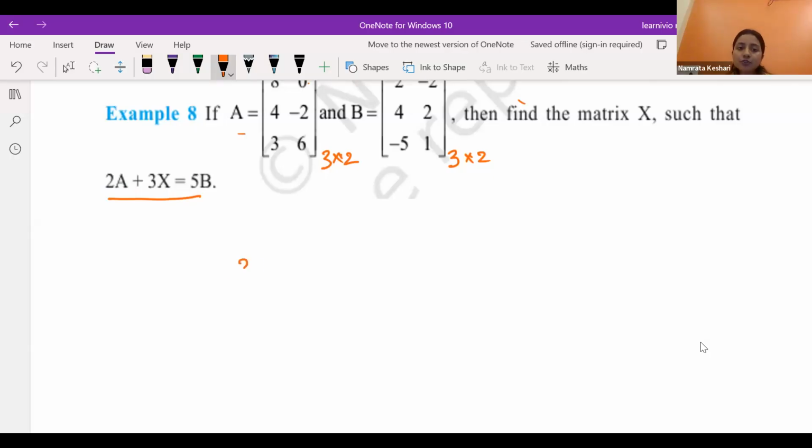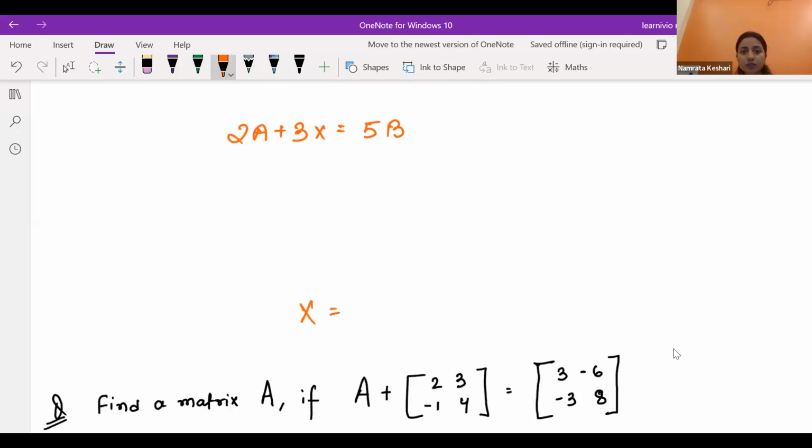If you have to find X from 2A plus 3X equals 5B, let me show you what exactly goes on behind the scenes. At first we will try removing this 2A from here, so we take it to the other side. The programming is like this: 2A plus 3X is there, so here we will subtract 2A and here we do the same subtraction, because the equality sign needs to be maintained.